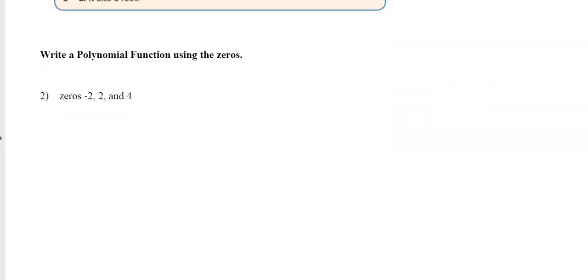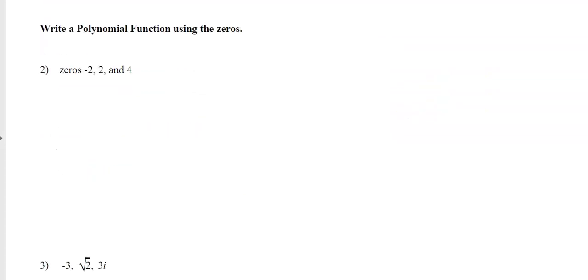So let's try to do something here. Let's try to work backwards. We did this with quadratics in the quadratic section, but I want to write a polynomial using the zeros. My idea is if you give me zeros, that should give me factors, which I should then be able to multiply to get a function that has those zeros.